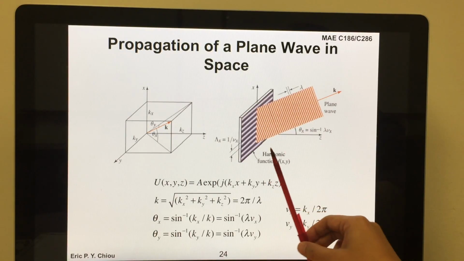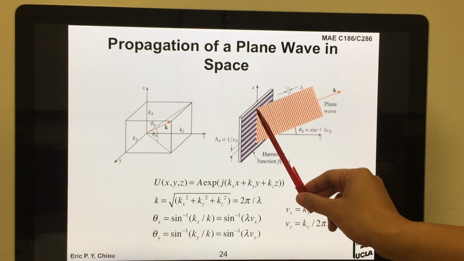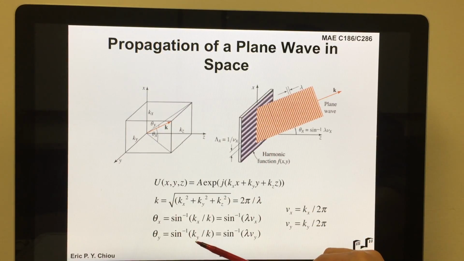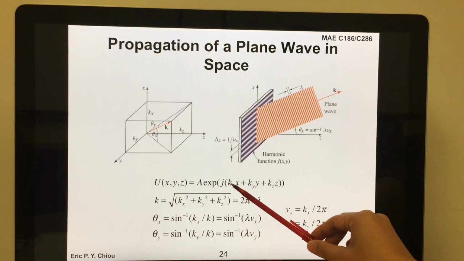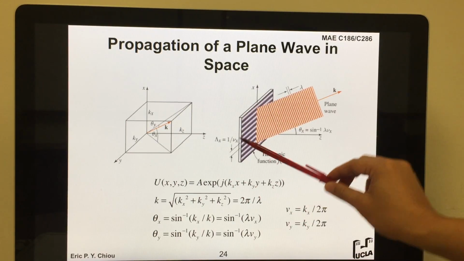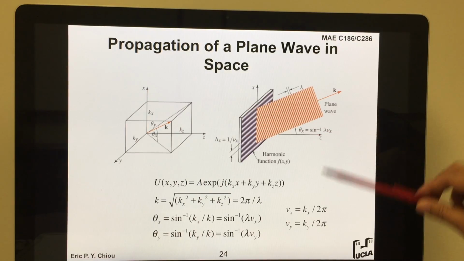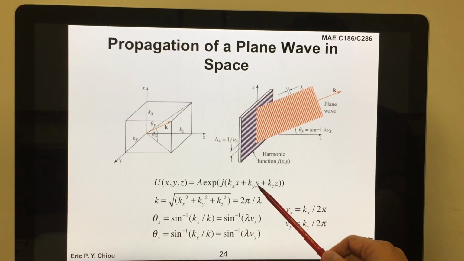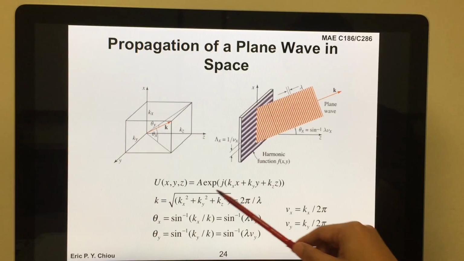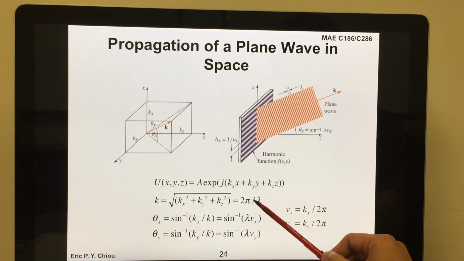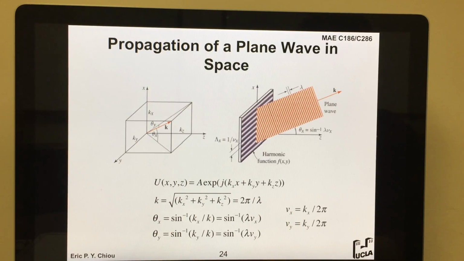If you have certain spatial frequencies in this plane, by knowing kx and ky, you can actually calculate kz in the z direction, because kx squared plus ky squared plus kz squared needs to be equal to k squared, where k equals 2 pi over lambda. Lambda is the wavelength of the light that you use.